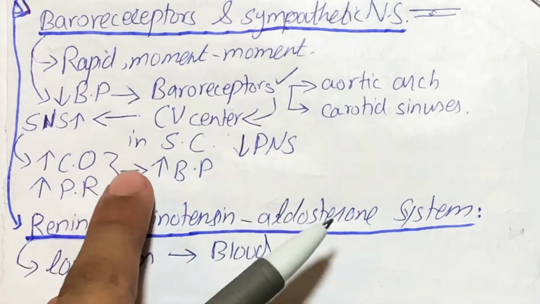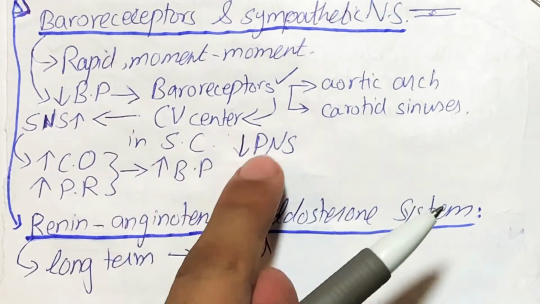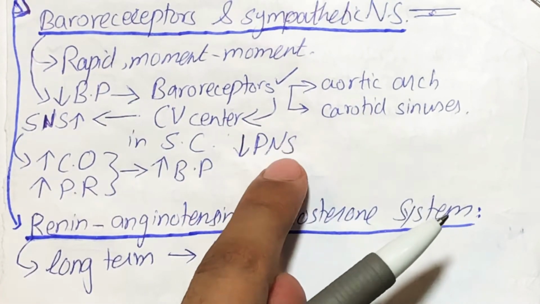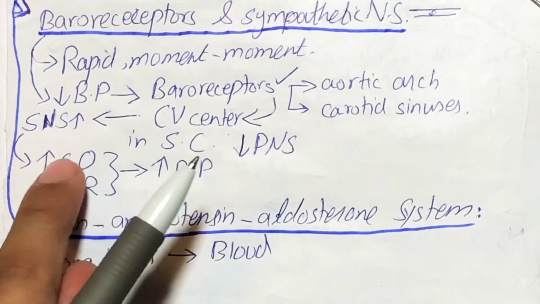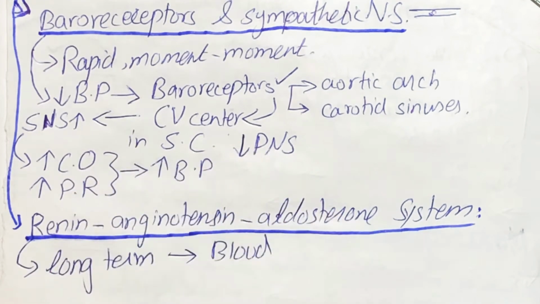And the same will happen in the opposite case. If there is an increase in blood pressure, that will ultimately cause the parasympathetic nervous system to be activated instead of the sympathetic nervous system. This will go both ways.